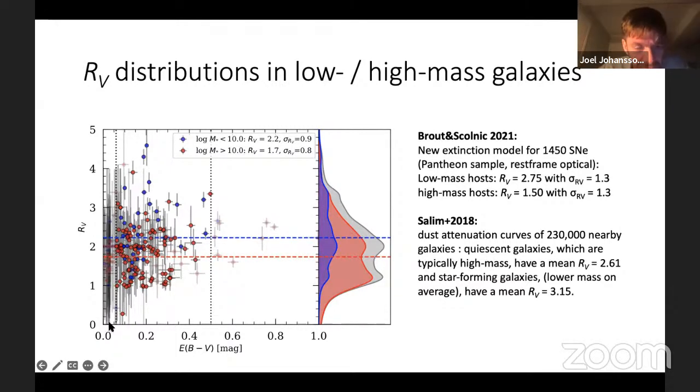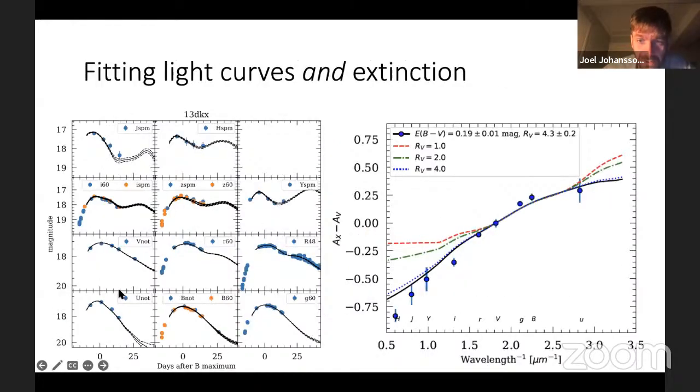If your color excess is 0, then if you go to this figure, you still have measurement errors. So in principle, you can fit an extinction curve to noise, right?